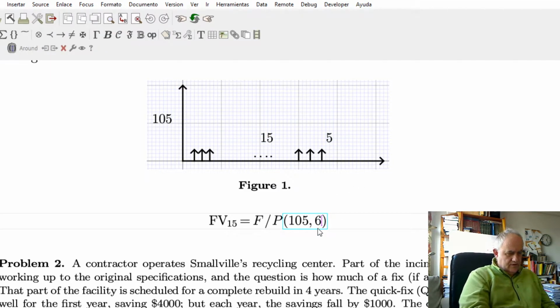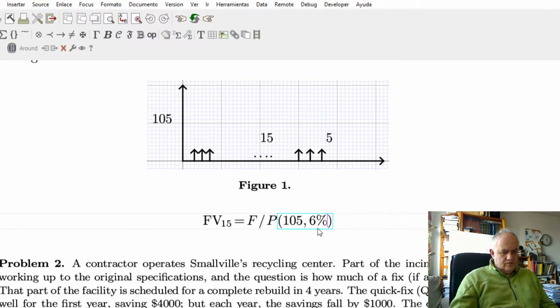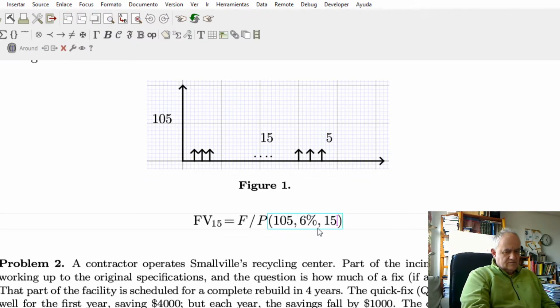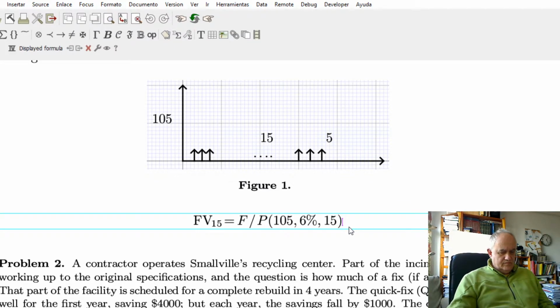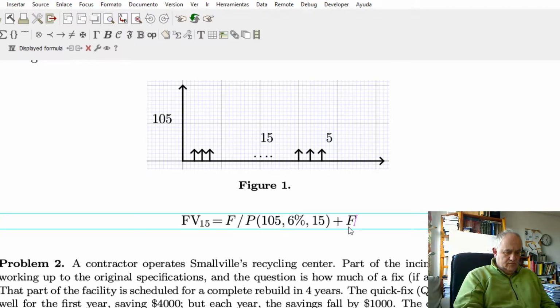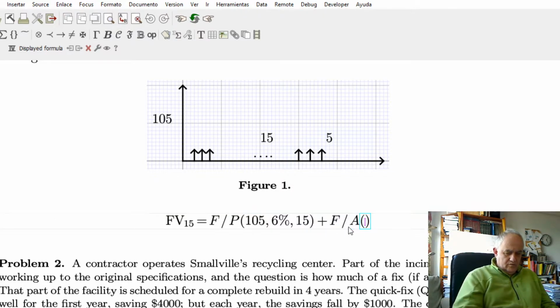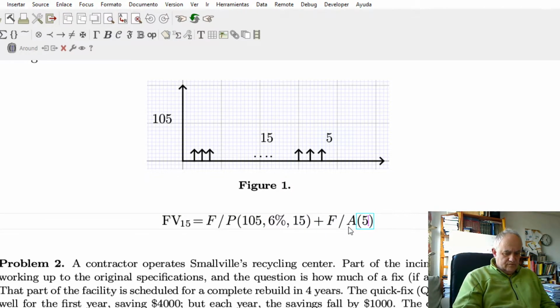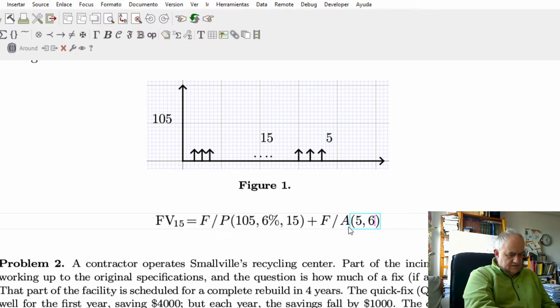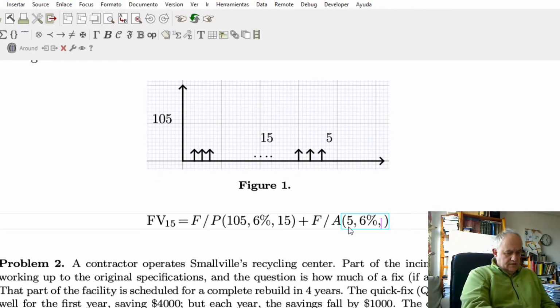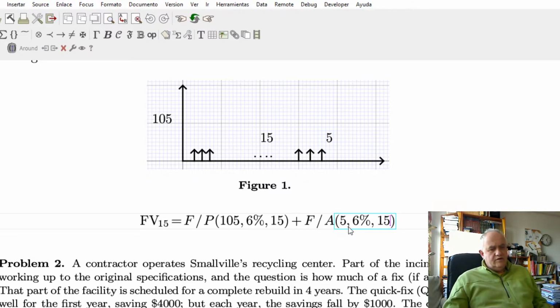F over P, 6%, 15 years. Now we have transferred this amount into the future. Then we will have the future value of an annuity with a value of 5 and rate of interest 6%, and a number of years of 15.